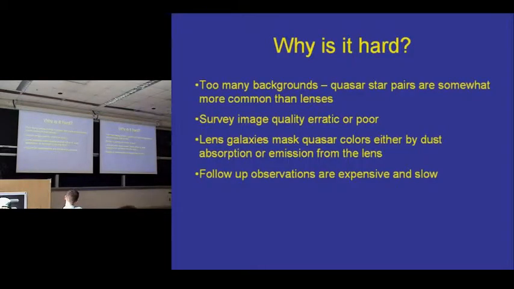Okay, so why is it hard? Well, if you just go out looking for lensed quasars, the first problem is you have all sorts of unpleasant backgrounds. There are considerably more, for example, quasar-star pairs than there are quasar pairs or lenses. Survey image quality at the moment is really not quite good enough to go looking for lensed quasars. Sloan's typical seeing is not quite good enough.